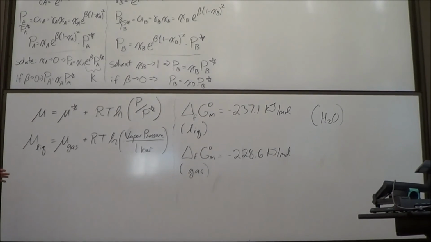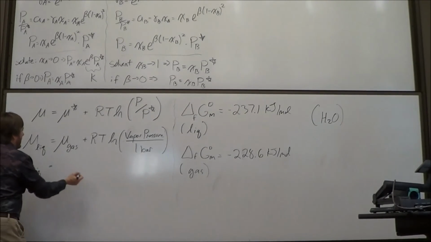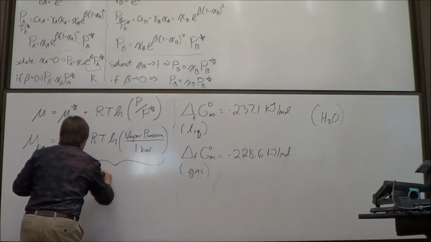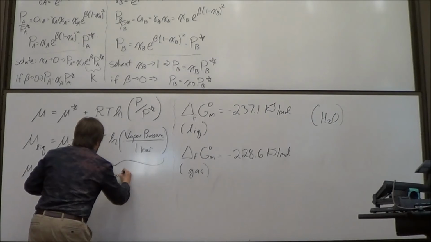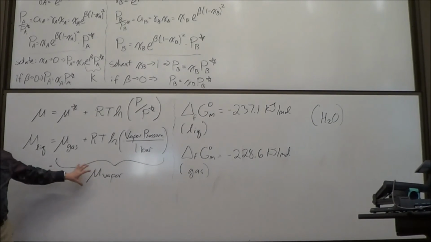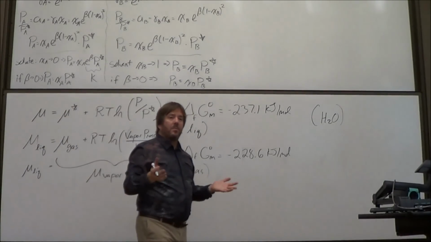So basically what I've done here is I've said that the liquid has to be equal to the chemical potential of the vapor. But remember that the vapor has to have the right partial pressure. Right? So again, this can be a bit of a headache. Again, chemical potentials of liquids and gases and the vapors that come from them have to be equal or they're not at equilibrium.